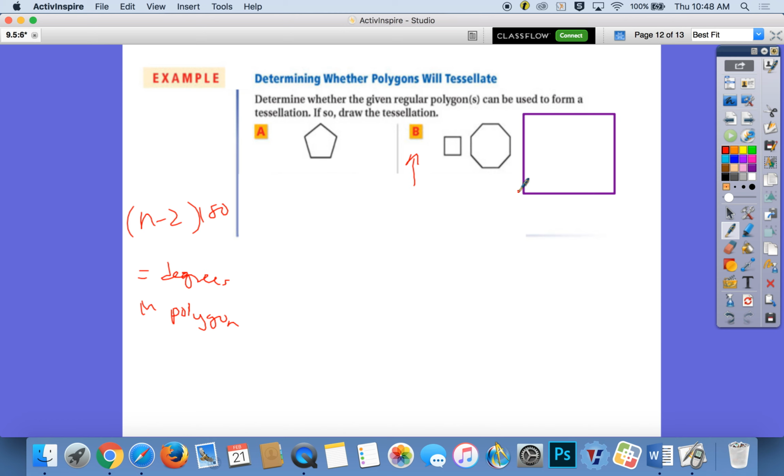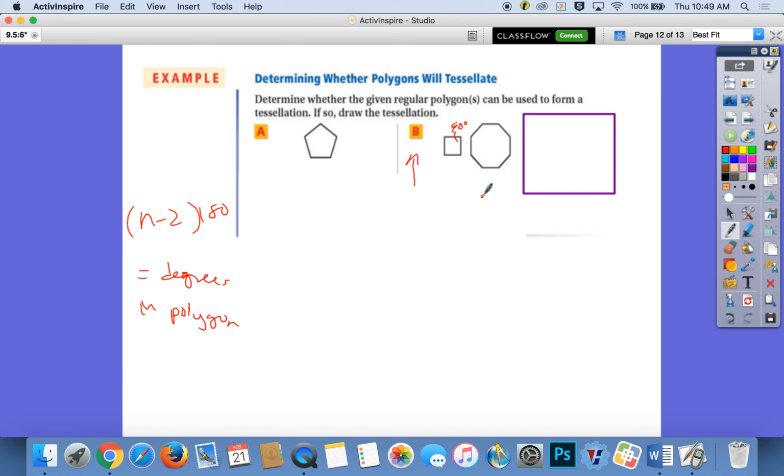That's going to matter to us because remember I told you that whenever you have a tessellation and you have the vertex, it has to equal 360 degrees. So it wants to say determine whether the given regular polygons can be used to form a tessellation. If so, draw the tessellation. Well, in this case, this is going to be 90 degrees. We know that because there are 4 angles and it's regular.